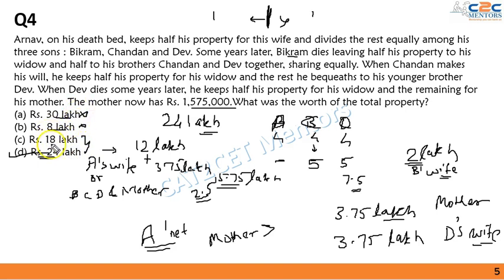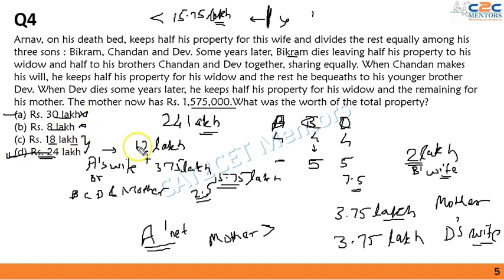If I would have chosen 18 lakh in this scenario, I would have got A's wife's amount lesser than 15.75 lakh, and I would have confirmed that my option is something above 18 lakh. So 8 lakh is automatically eliminated and I am left with 30 and 24.